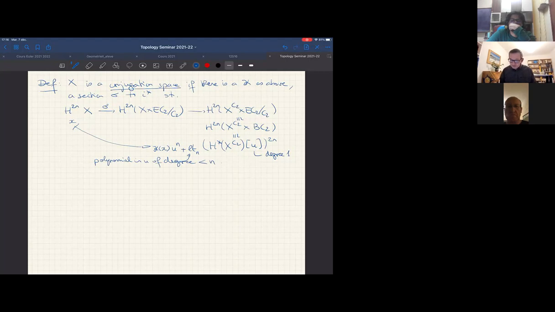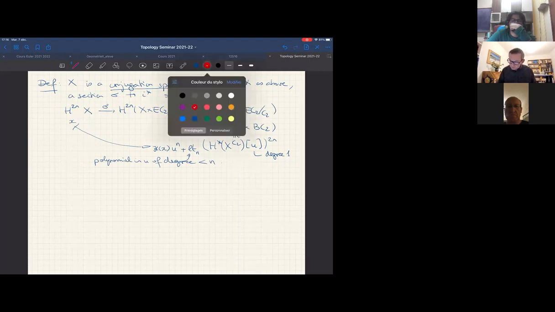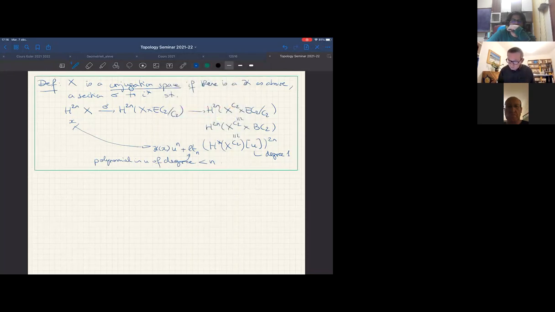And this is the definition of a conjugation space. This special behavior of the polynomial in u is what they call the conjugation equation.